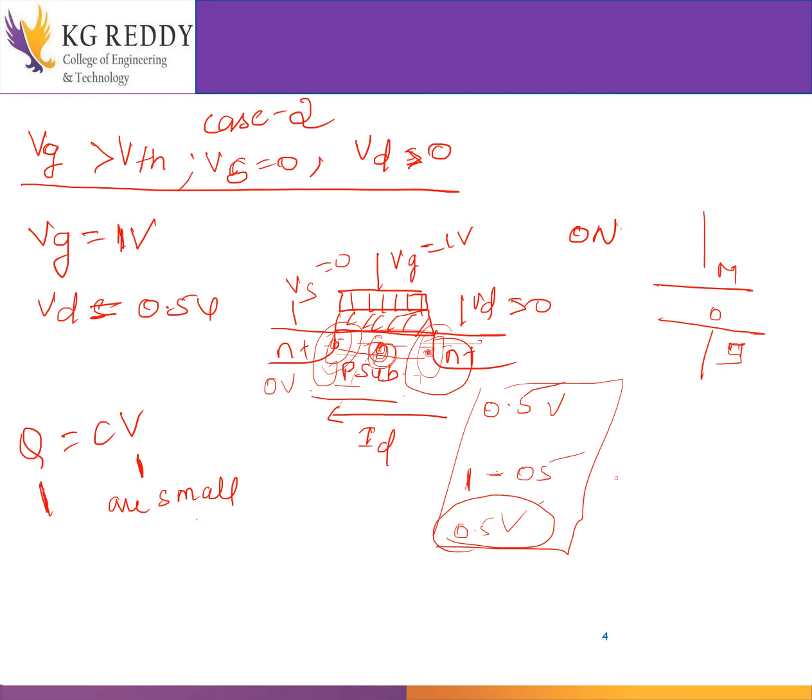But still, we say this capacitance is high over here and low over here, but we have a charge and the voltages are small because of the local capacitance. So this is what we have understood about the behavior of the channel.